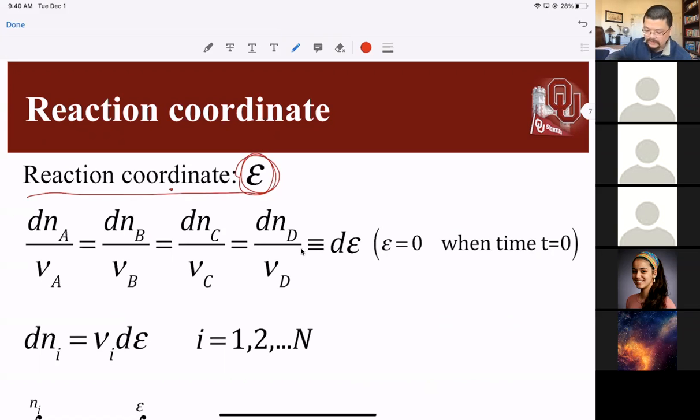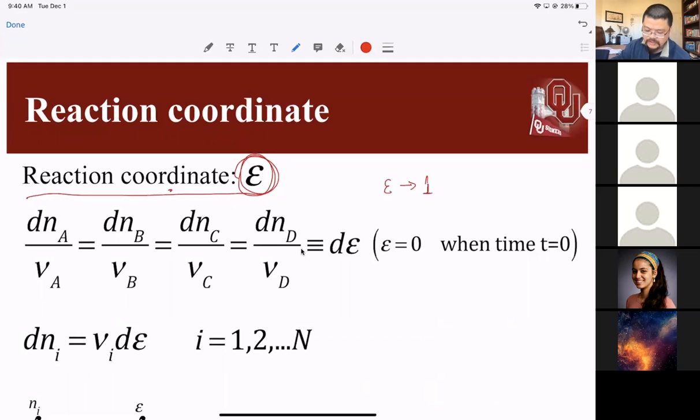If epsilon goes very close to 1, then this is a really perfect reaction because it's moving almost to the completion of the reactants. Generally speaking, this epsilon shall be from 0 to 1 for most reactions. So you can see that we here define this reaction coordinate epsilon.